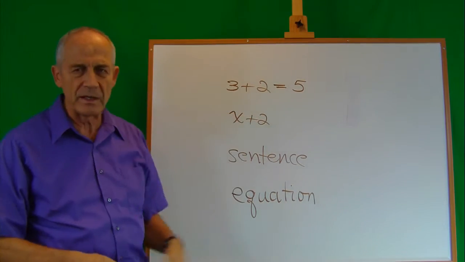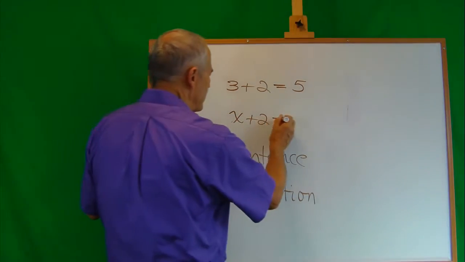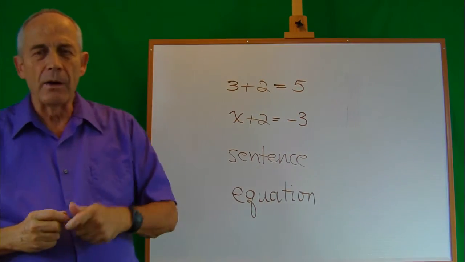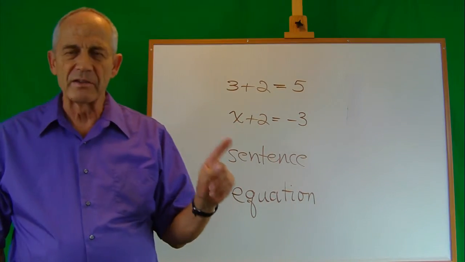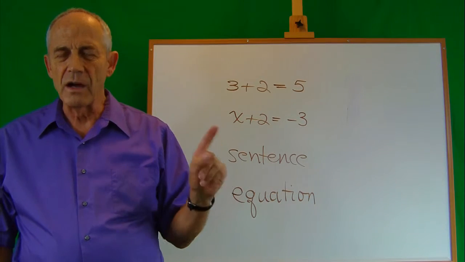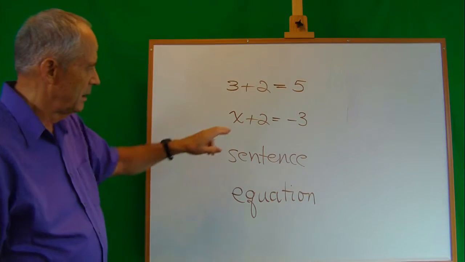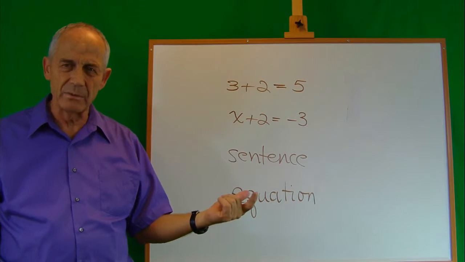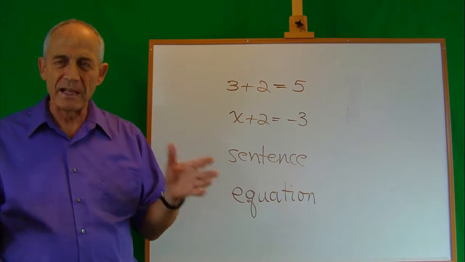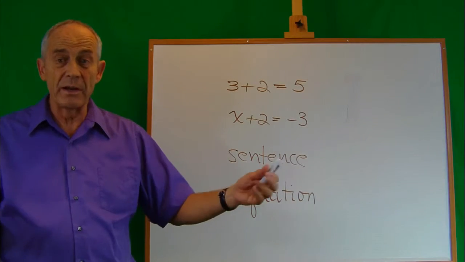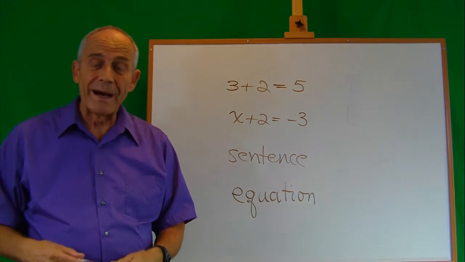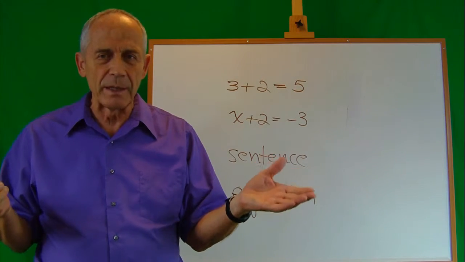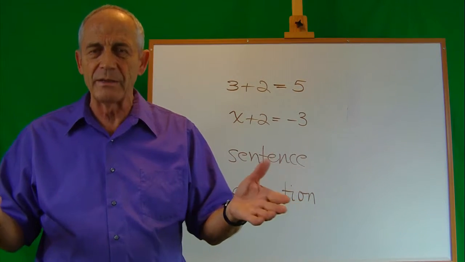I can do the same thing here. If I put an equal sign and say I have a minus 3. Now, think about what that says. Some number plus 2 is supposed to be equal to negative 3. That's what it says. Now, I may not know what the number is, but the sentence says some number plus 2 is supposed to be equal to negative 3.